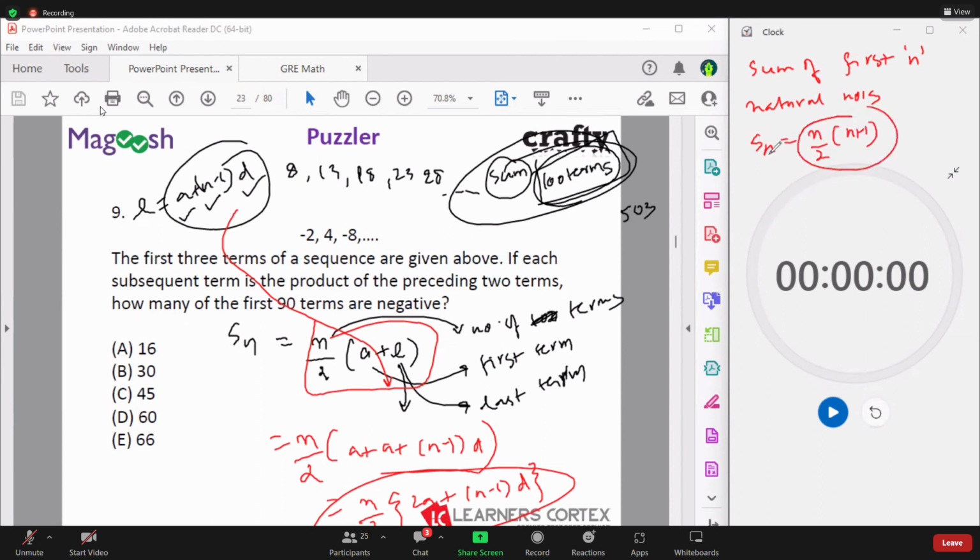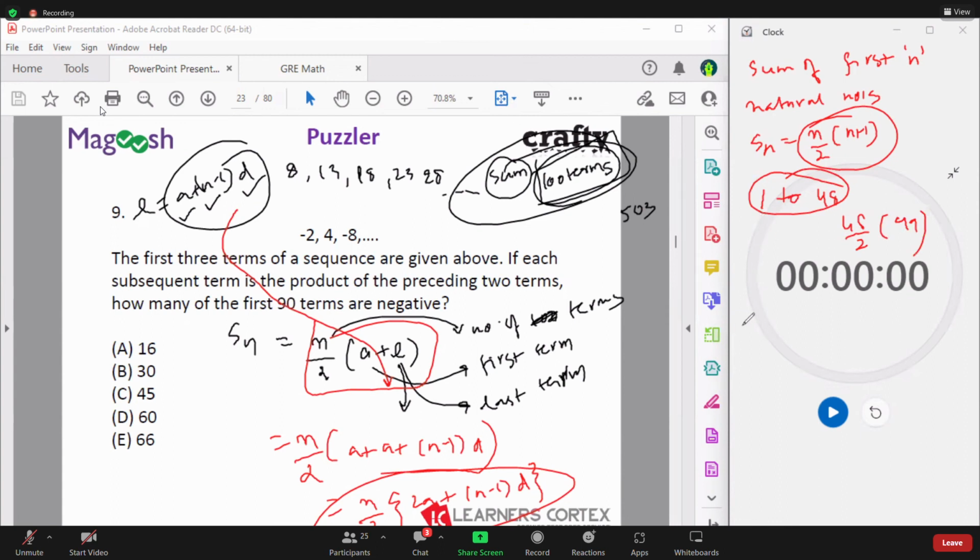So if, let's say, the sum of terms from 1 to 48, for example, you can just put the values, like n would be 48 over 2 and then 49. So this is how you can find out.